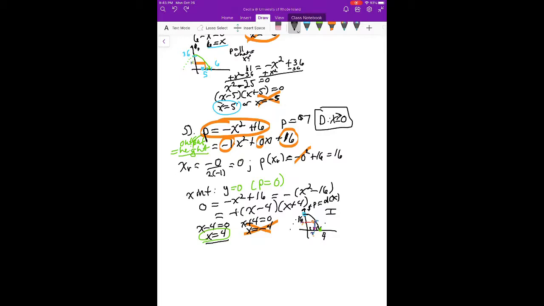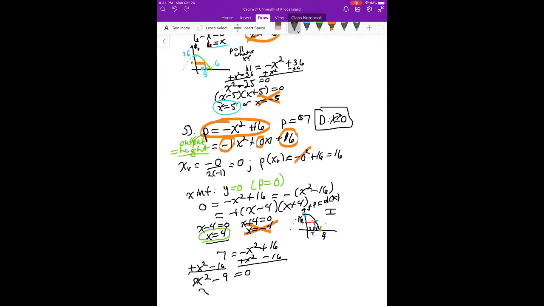And here we have that 7 equals negative x squared plus 16. So if I add x squared to both sides and subtract 16, what I end up with is x squared minus 9 equals 0.